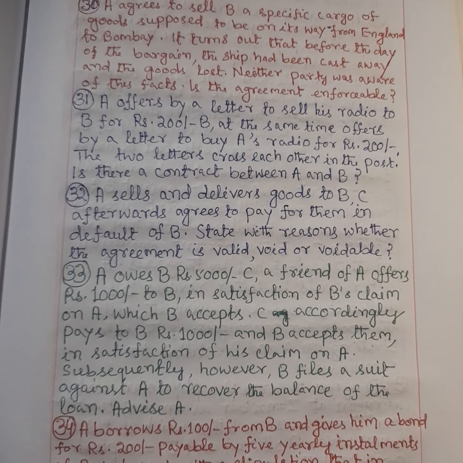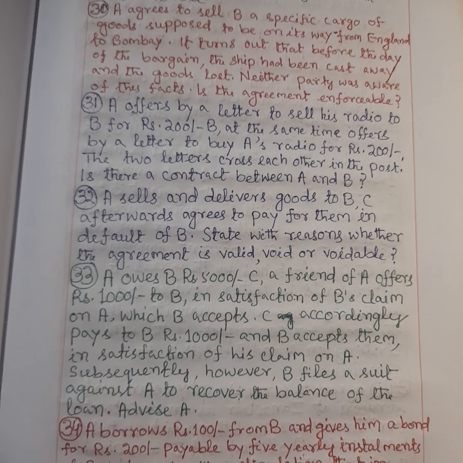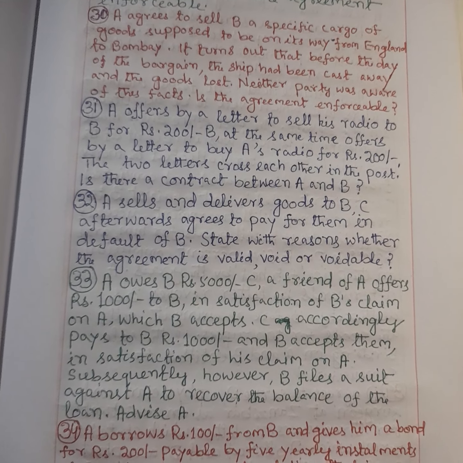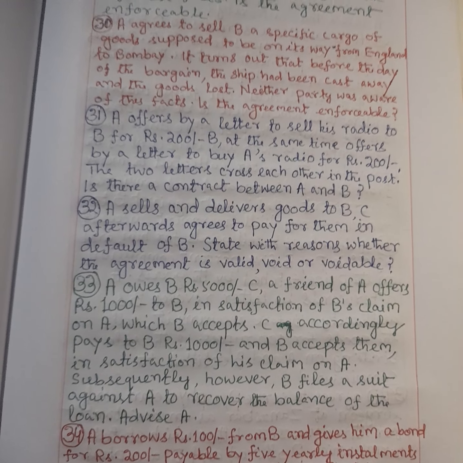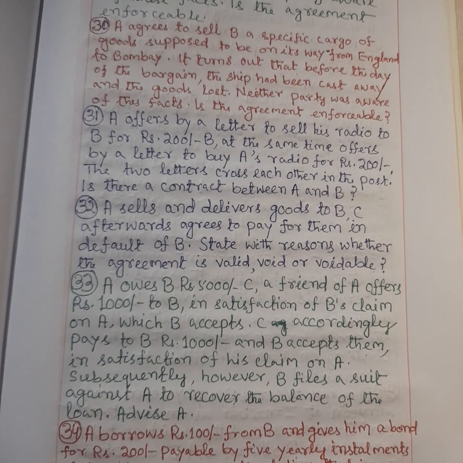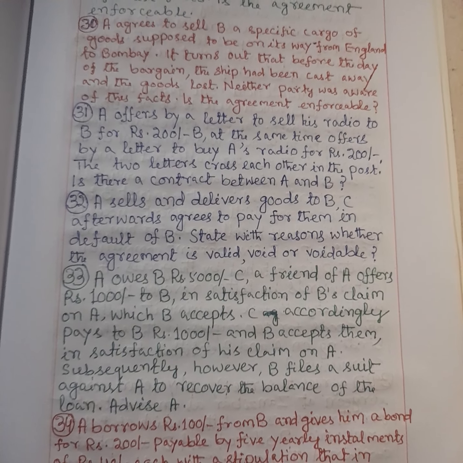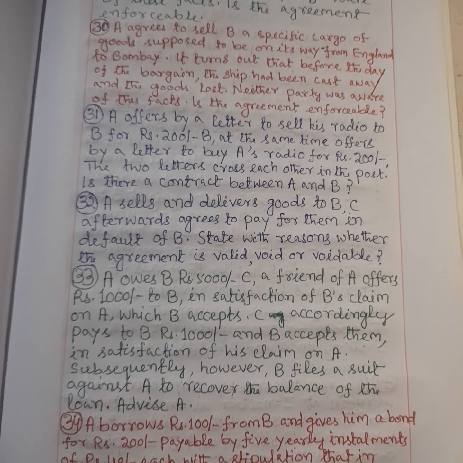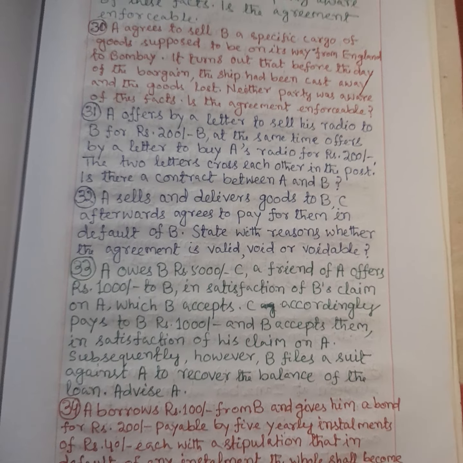Here, the promisee B accepts 1000 rupees in satisfaction of his claim on A. This payment of Rs 1000 by C is a discharge of the whole claim. B therefore will not succeed in the suit against A to recover the balance of the loan.